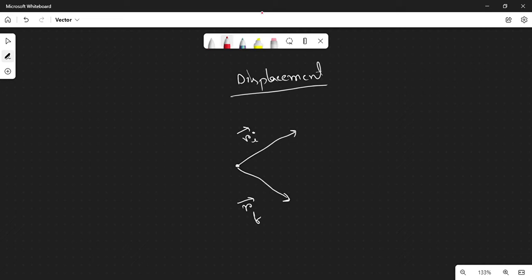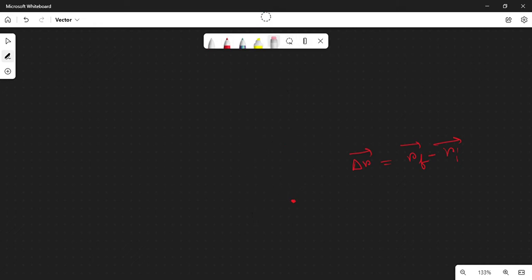The displacement of these two vectors is determined by delta R, that is the change of vector, which will be equal to the final R minus the initial R. So this is the displacement vector.